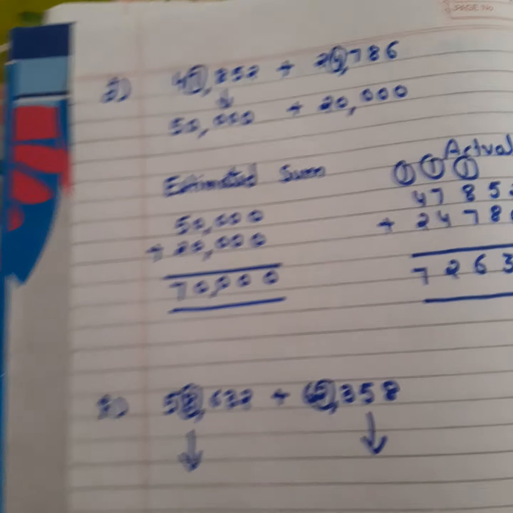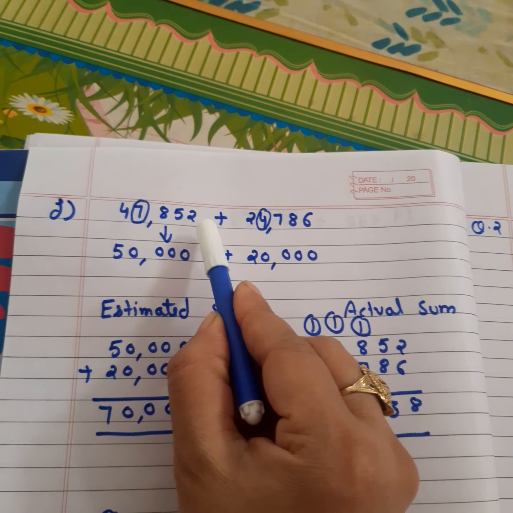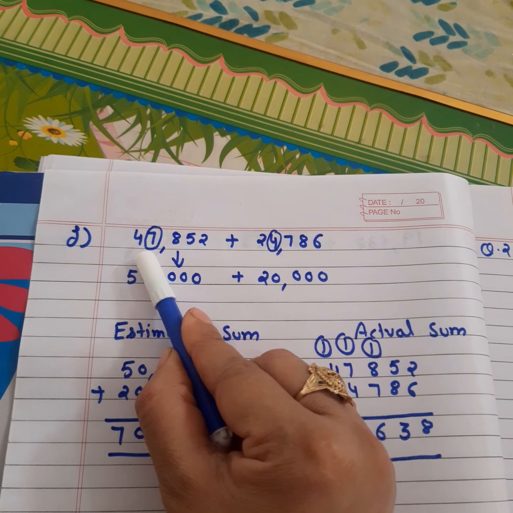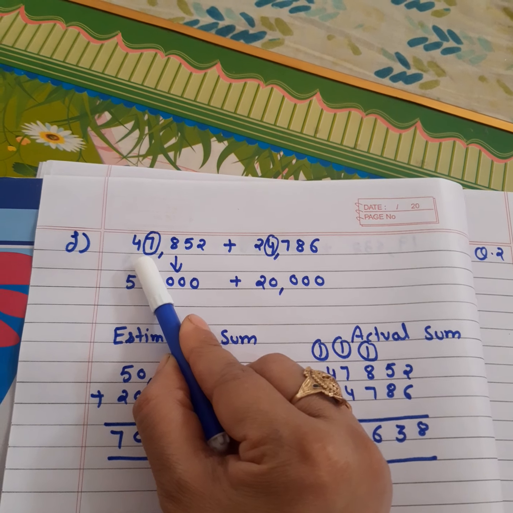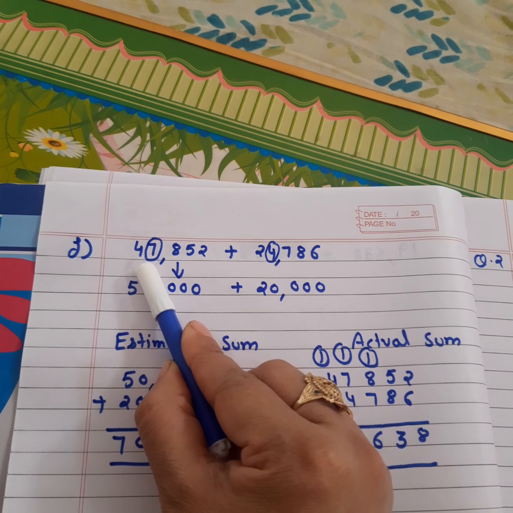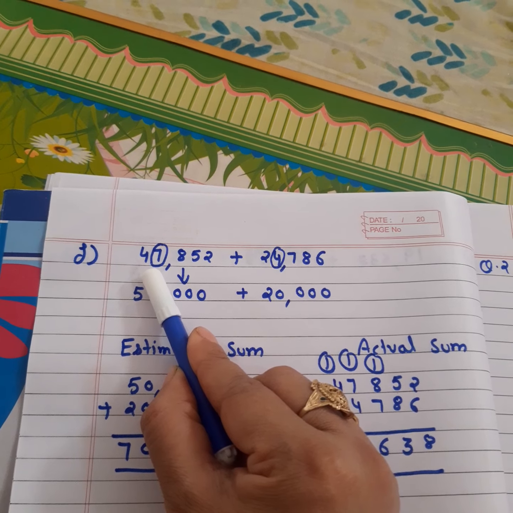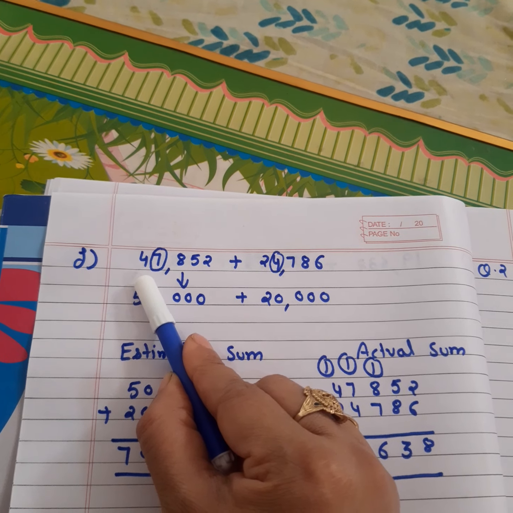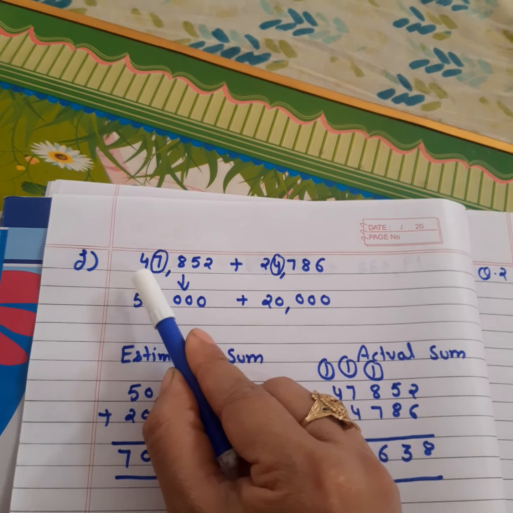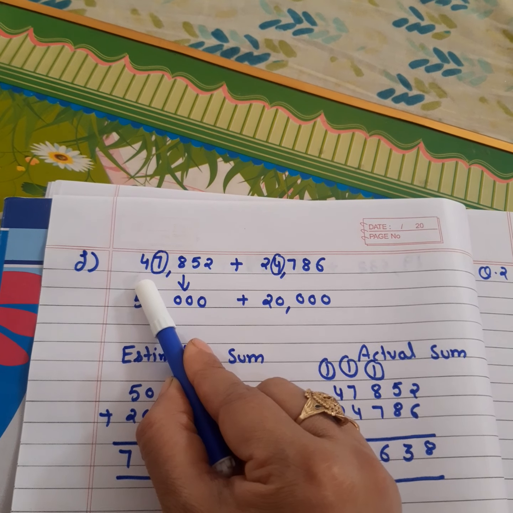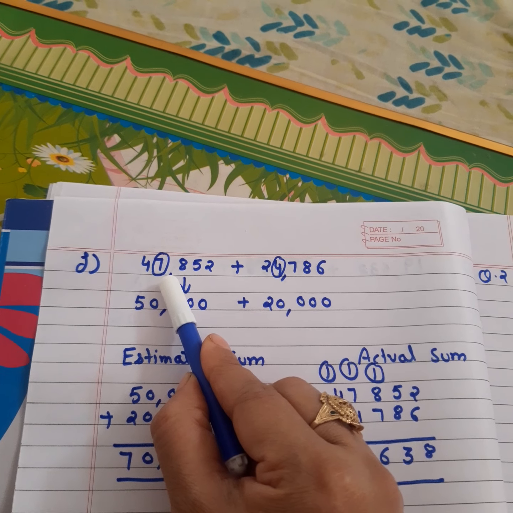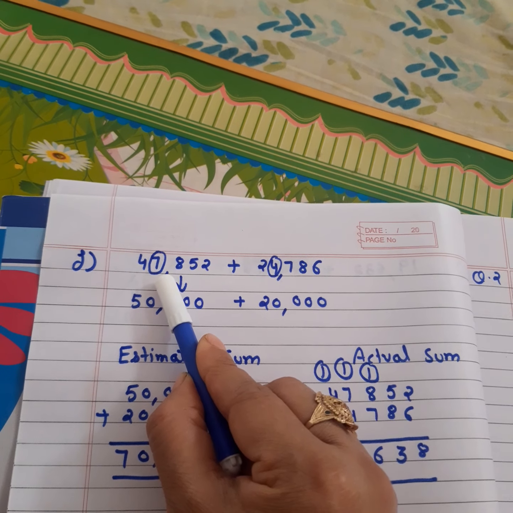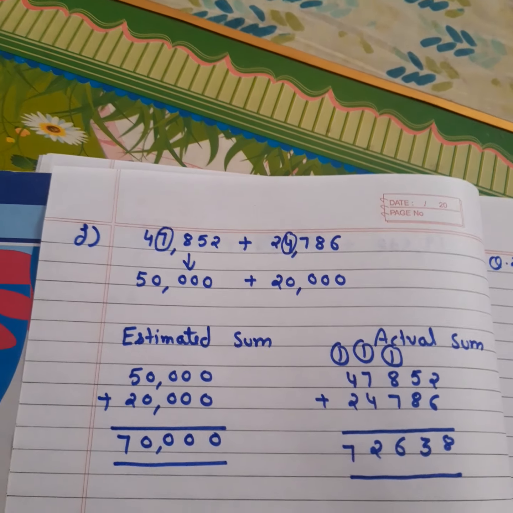If you can see, the highest place value here is the 10,000s. For rounding the 10,000s place, I have to check my thousands place, the place before the 10,000s place. The rest of the rules are the same.